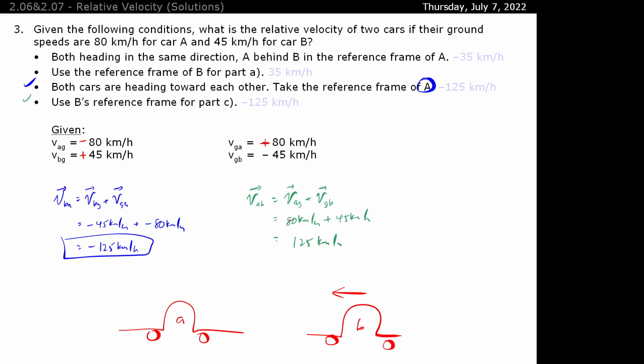So AG is at negative 80 kilometers per hour and GB is at negative 45. Forgot about that minus sign there. Good thing I double checked. Okay, so to car B, if you're taking this way as positive, then yeah, car A is screaming towards it in the opposite direction at 125 kilometers per hour. So that's how you make sense of the plus minus signs.